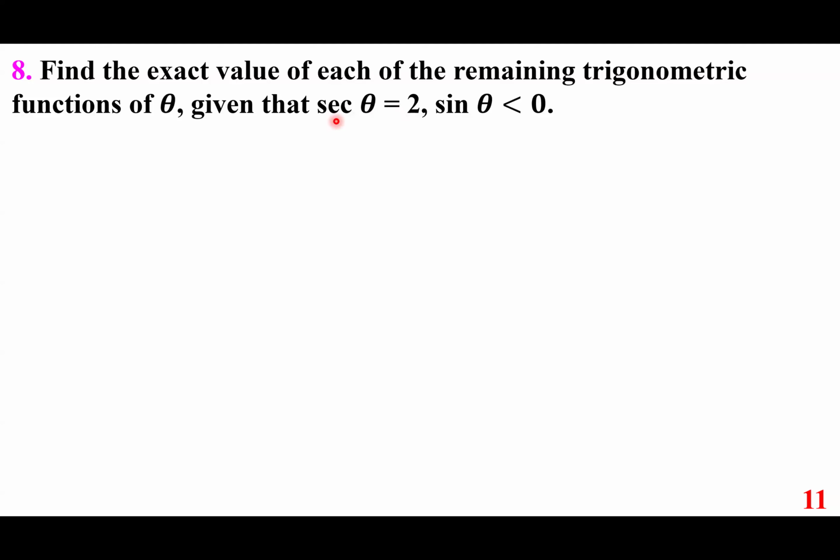Secant is positive, so cosine is positive. And sine is negative, so it must be quadrant 4. So secant is 1 over cosine, or 2, is positive. Sine is negative, that results in quadrant 4. And cosine is 1/2.